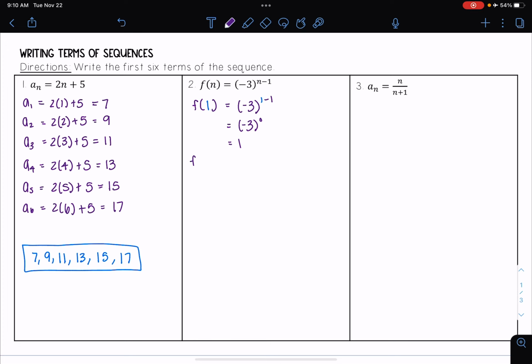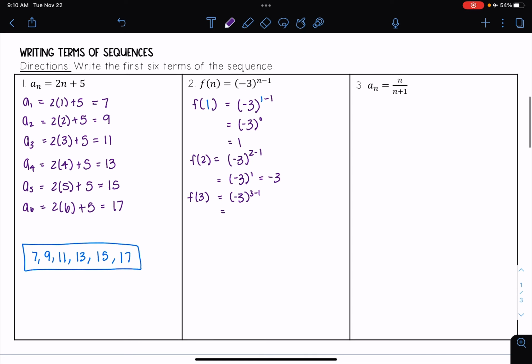And then continue on. So I have f of 2 is equal to negative 3 to now the 2 minus 1, which is equal to negative 3 to the first, which is just equal to negative 3. f of 3 is equal to negative 3 to the 3 minus 1, which is equal to a positive 9.